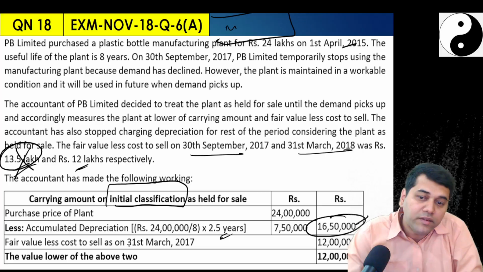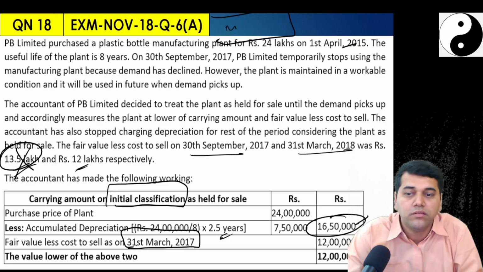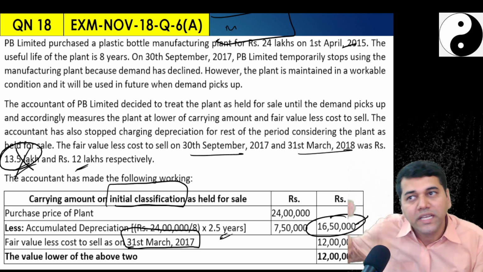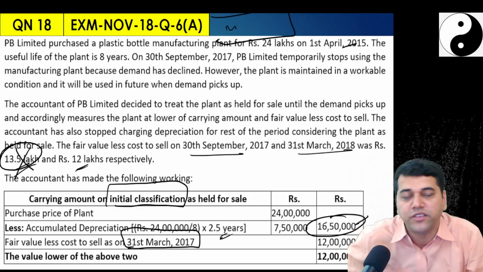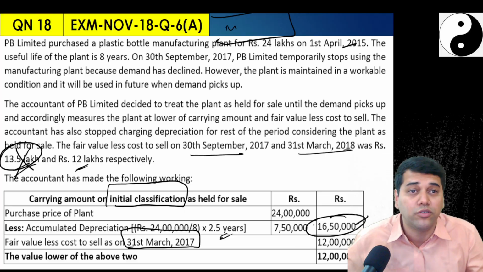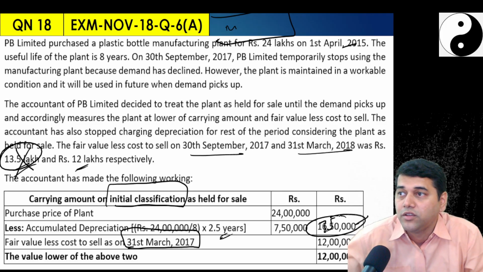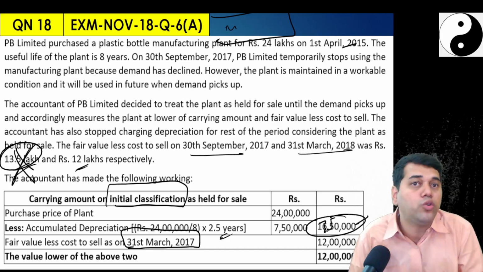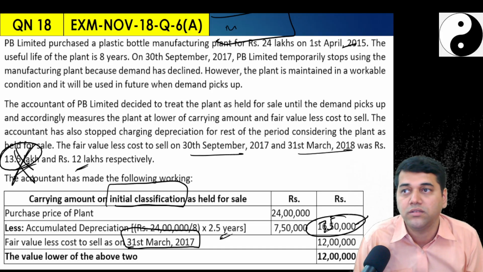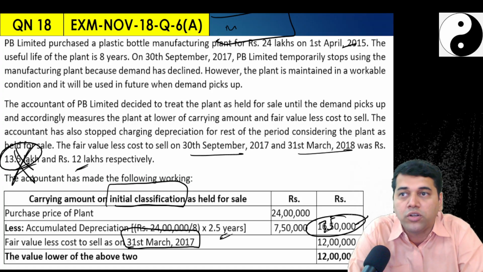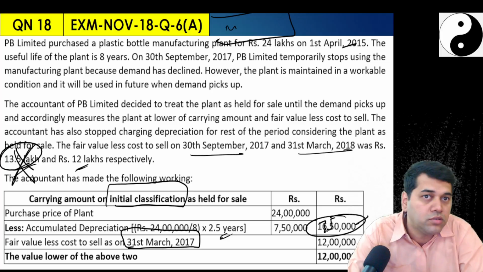But here they compared with the end of the year. So your assumption is either it was already compared, 13.5 with 16.5, or they ignored it. I don't know, because if they had compared, then 13.5 would have come here. So you have to just ignore this information. Otherwise you will get confused in the examination hall. What are they comparing with what? You understood, no?